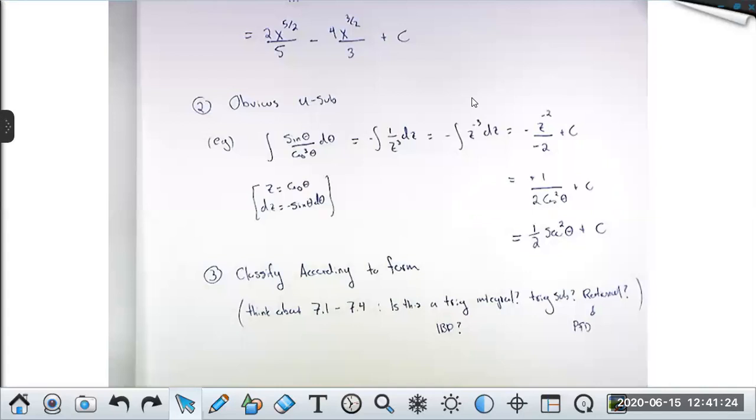There's one in town called the UF Integration Bee, and Santa Fe students are allowed to participate in that. It was canceled this year because of the coronavirus, and it also happened to be at the same time as the Math Olympics, so we're going to have a hard time sending a full team. But if you enjoy integrating, if these problems make you happy when you solve them, consider joining the math team, because I always need more integrators.